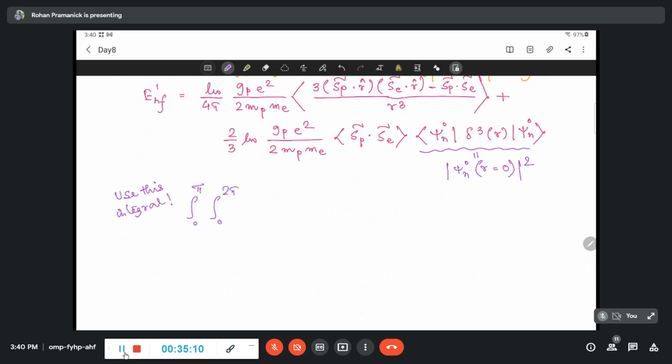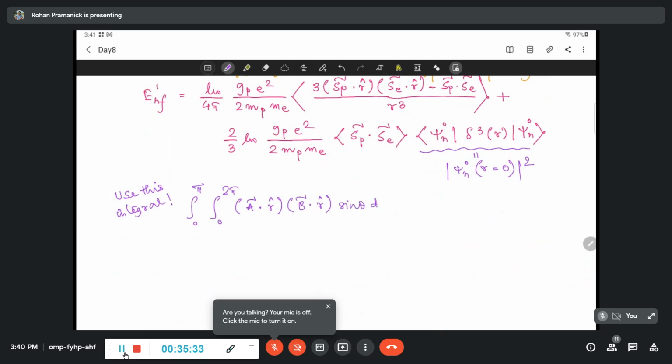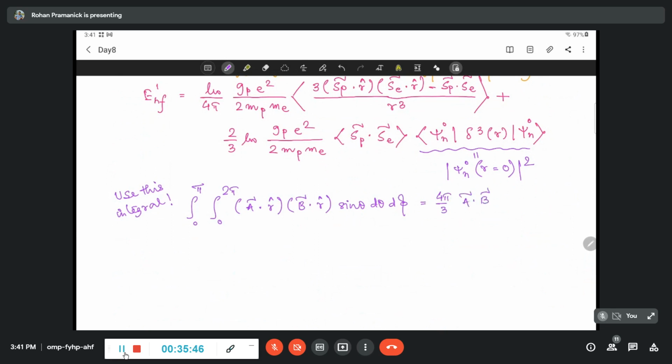You can understand why there is pi. Pi is for the polar angle, and 2 pi is for the azimuthal angle. And the integrand is, in general, a dot r and b dot r, sine theta d theta d phi, because this is the solid angle, and you will get an expression 4 pi by 3 a dot b.